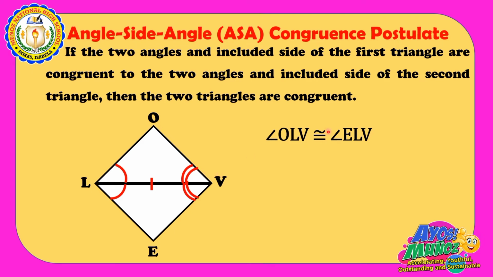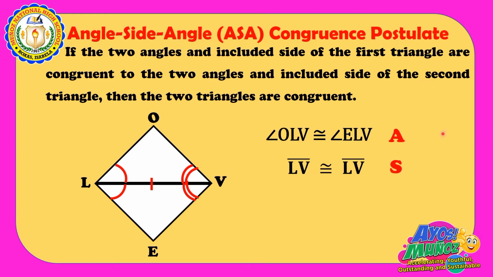The second one, let us identify the congruent side, or the included side. So based on our illustration, what is the congruent side? We have line LB, which is congruent to line LB also for the second triangle.